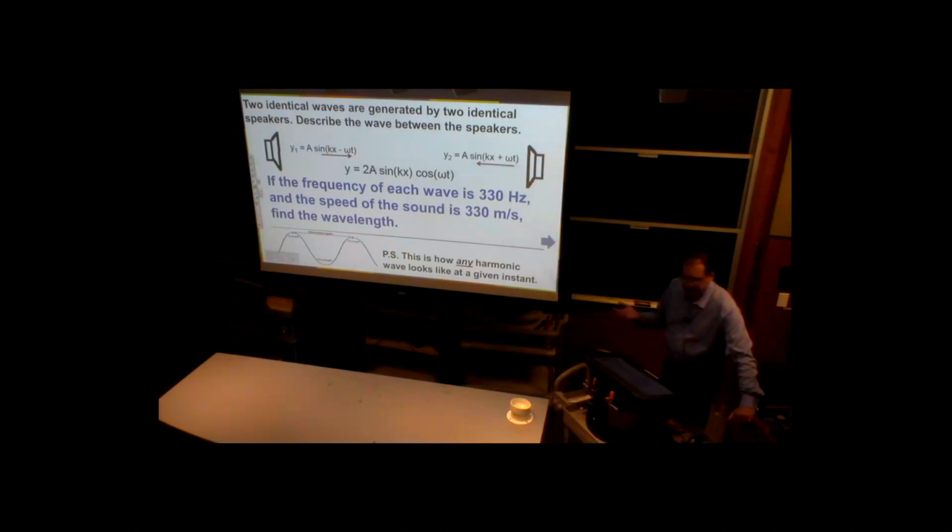In general, nothing special is happening, but if we tune it up, if they have the same loudness, same amplitude, same medium, so same speed, and same frequency, in that case, we have to observe a standing wave. We have to. And we could have done it mathematically, just by adding functions, or we can do it through reasoning about the profile of that standing wave.